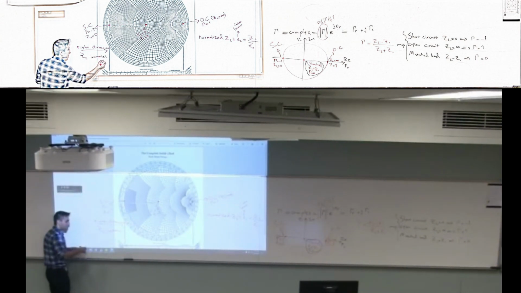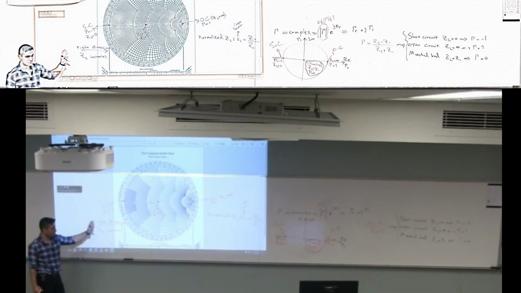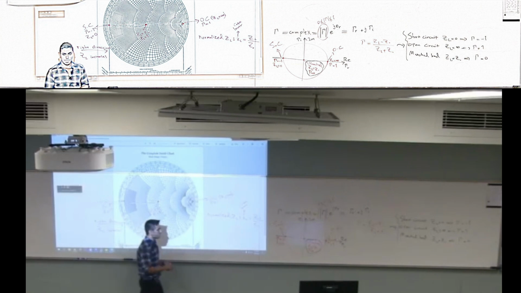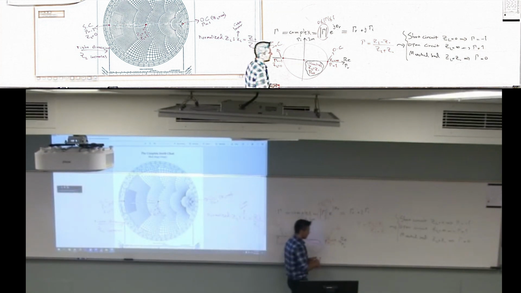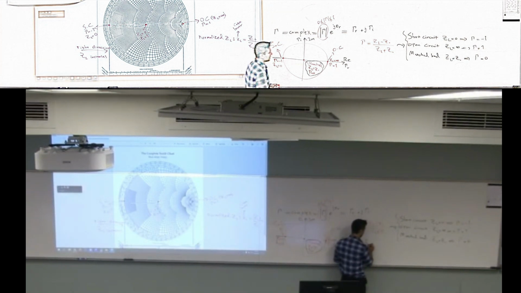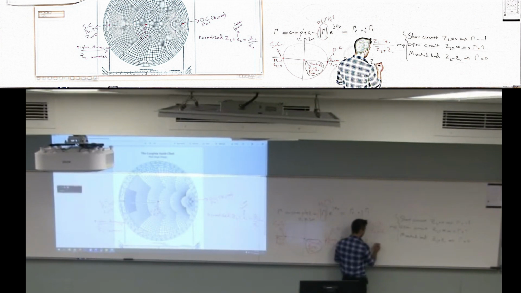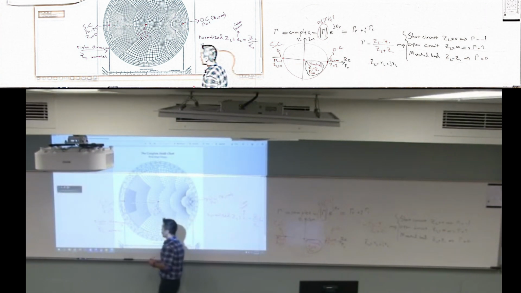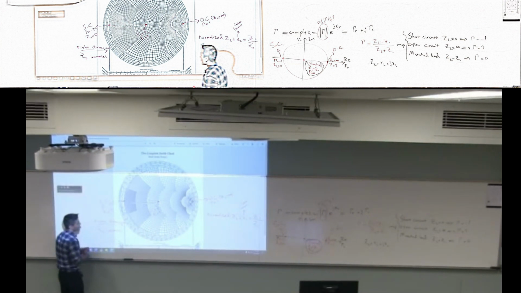These are just some intuitive senses about this Smith chart. ZL increases when you go towards the right direction. But ZL has two components: RL plus jXL, real and imaginary components.